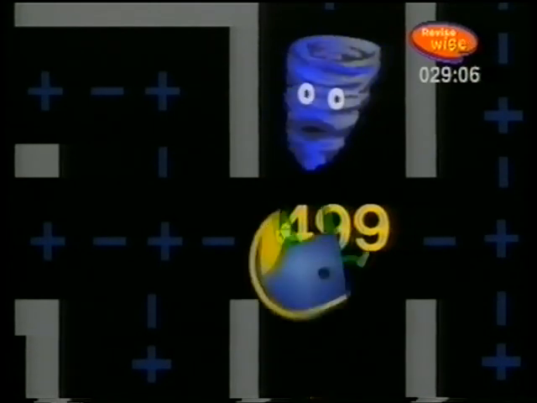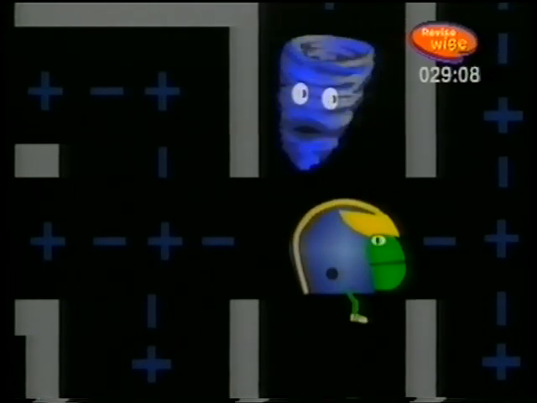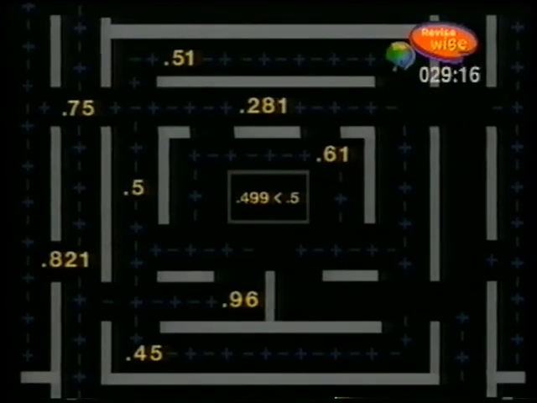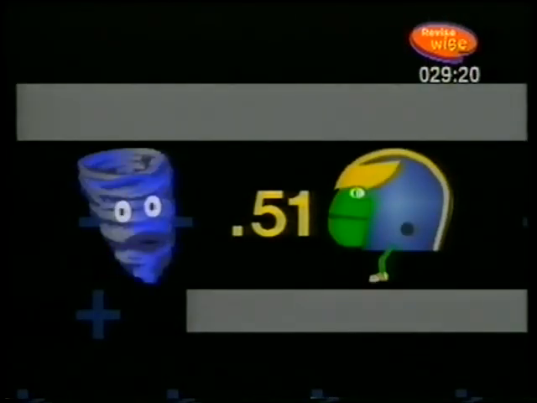That's less too. Yeah! Less than 0.5. Wow. Must be less. Rats.